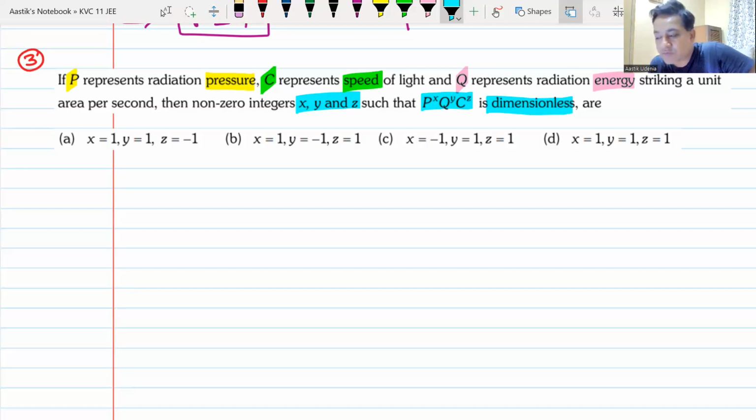Which of the following options is correct? That is your task at this point in time. Which of the following options is correct? And I shall give you exactly 2 minutes to solve this one and tell me your answers. Simple question.